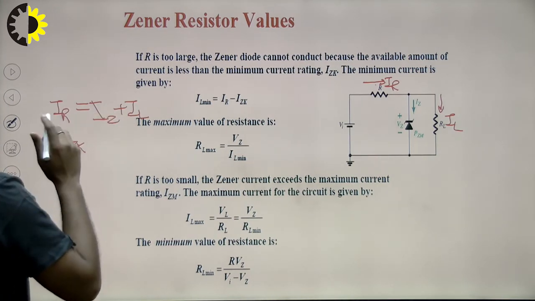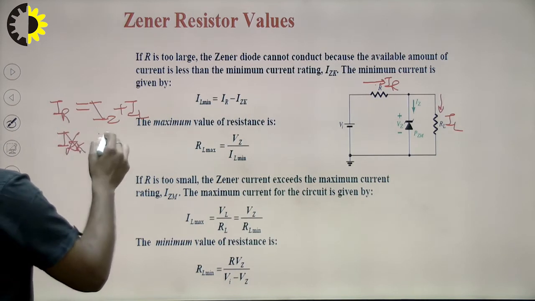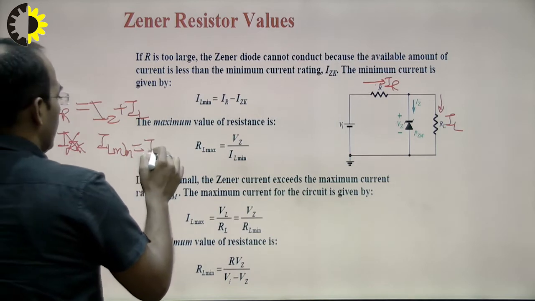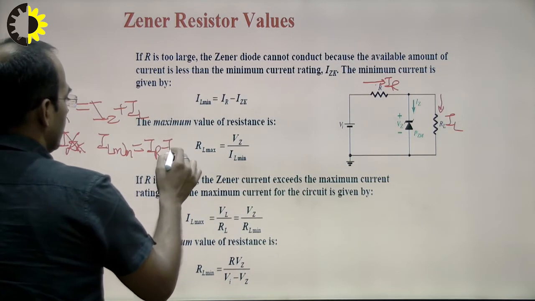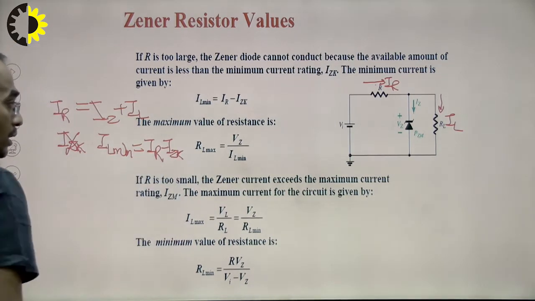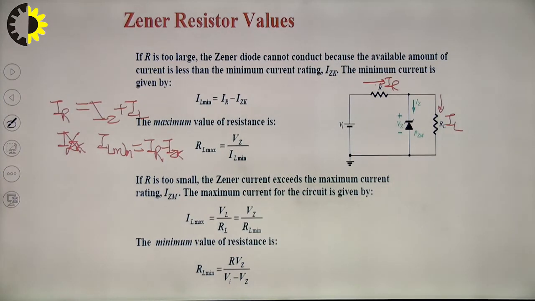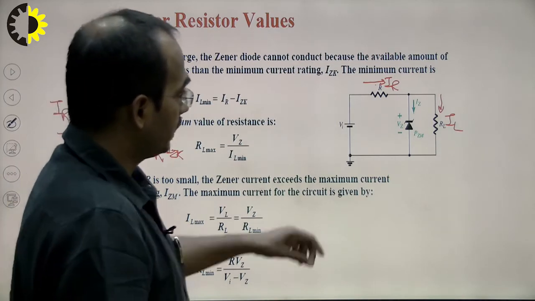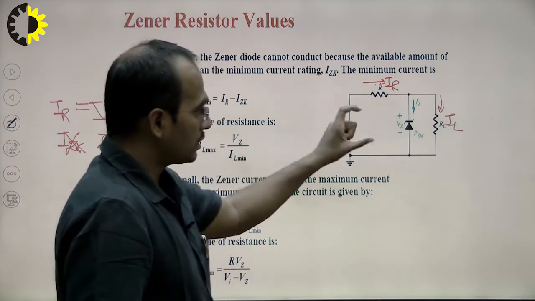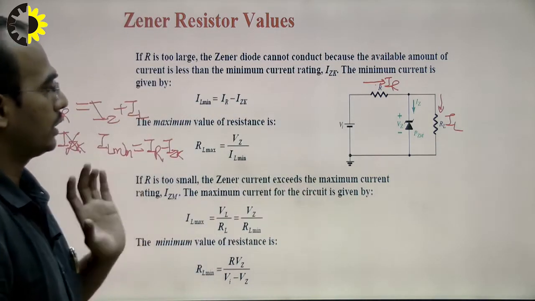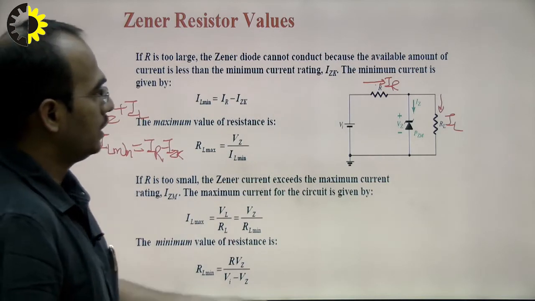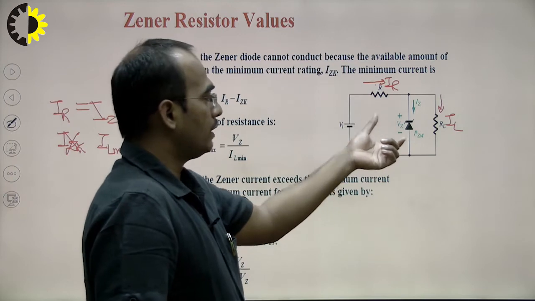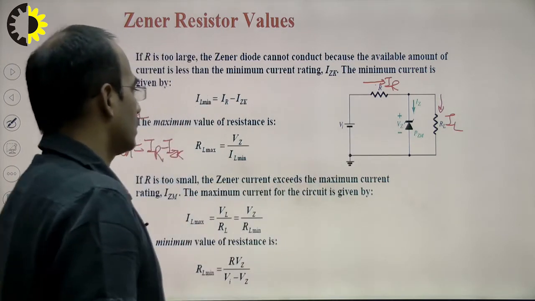So, you can say that IL minimum will be equal to IR minus IZK. For finding the value of resistance RL maximum, because the Zener is maintaining a constant voltage across the load resistance, we cannot vary the Zener voltage and we can vary only the load resistance.